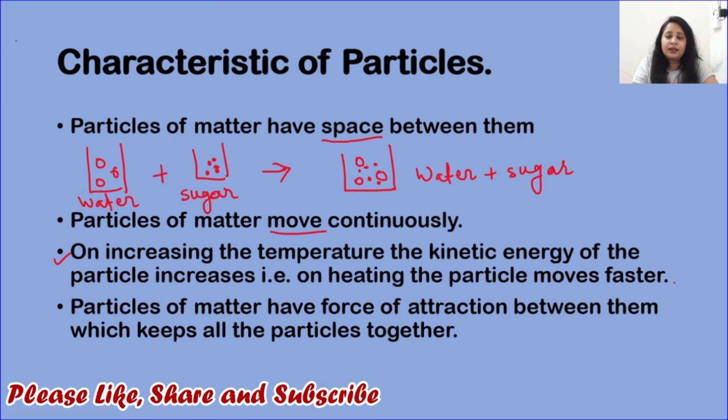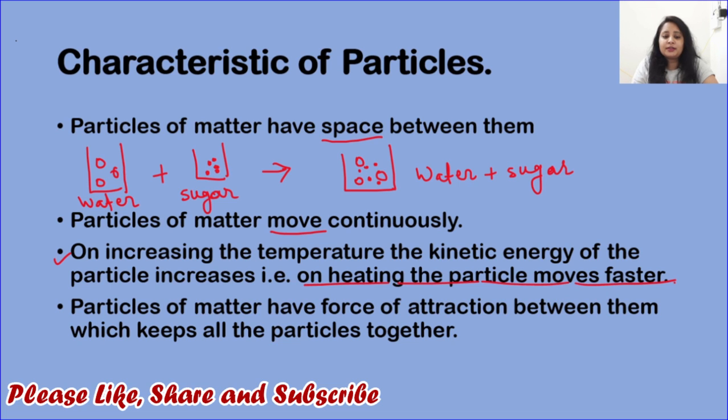Because of the heat we are giving. The particles take that heat and convert it into kinetic energy, and because of that kinetic energy, the particles start moving fast. This is the process going on inside that tumbler. So on heating, the particles move faster.